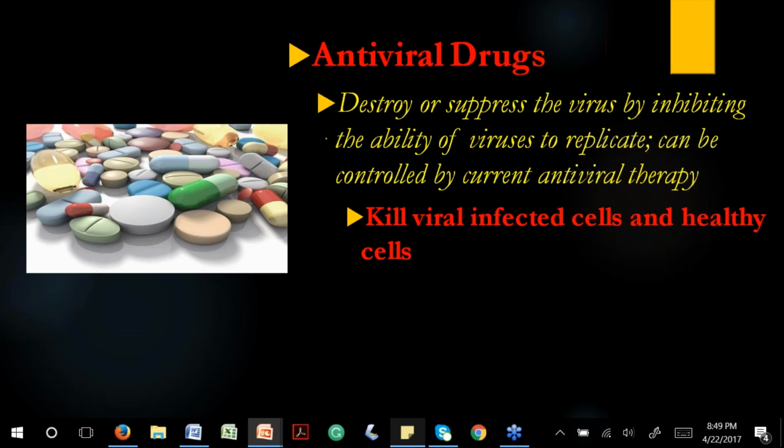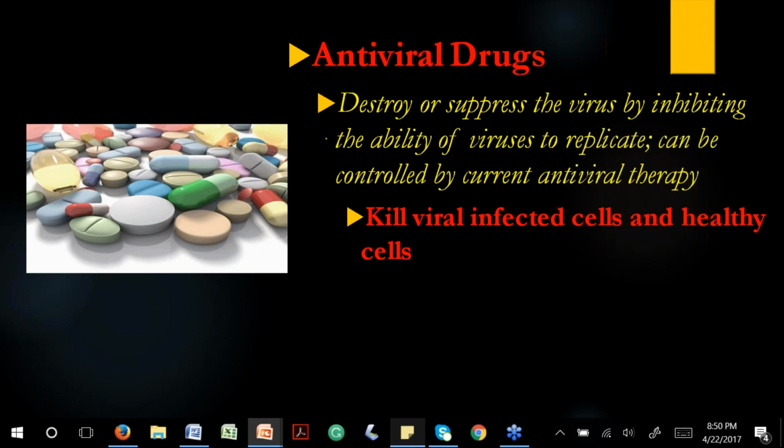All right, so what is an antiviral? We already mentioned it is to destroy or suppress the virus or inhibit the ability of the virus to replicate. So stop the replication. We are not going to get rid of the virus completely at all. So we are going to control the signs and symptoms and delay the progression of the disease.